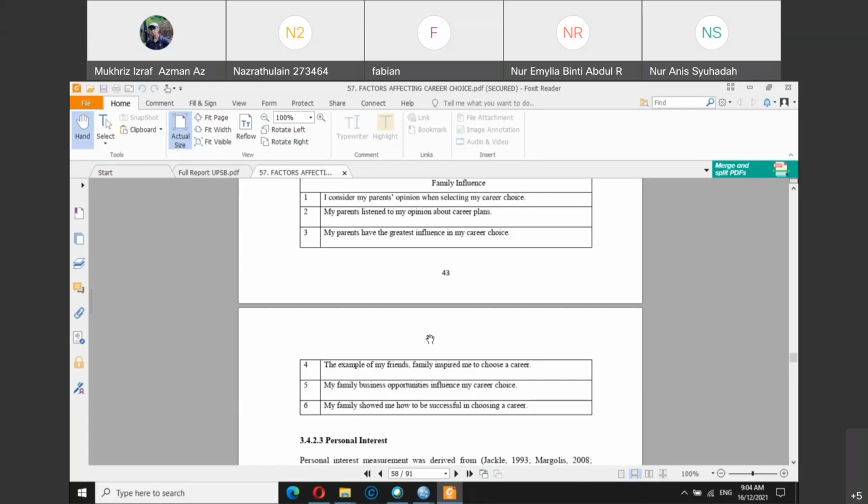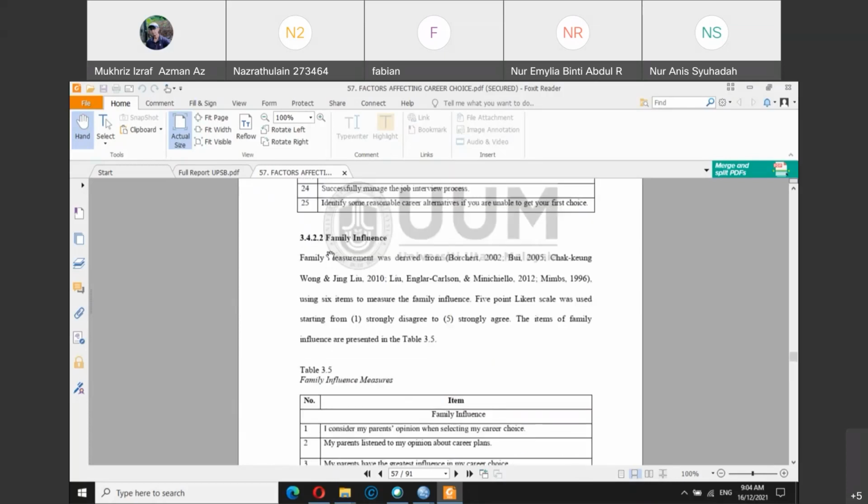For example, family influence is a very significant factor from past studies. Past studies show that family influence is very important in influencing the decision on what job or career a person has. So your own findings, your own analysis in your own study, must be compared with the findings from previous studies as well.